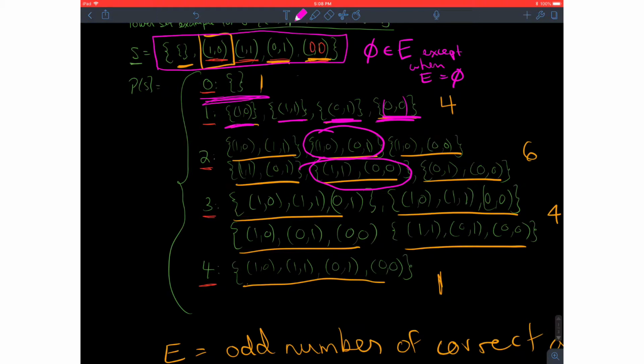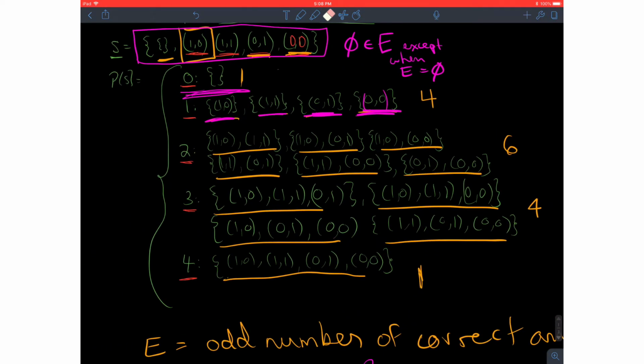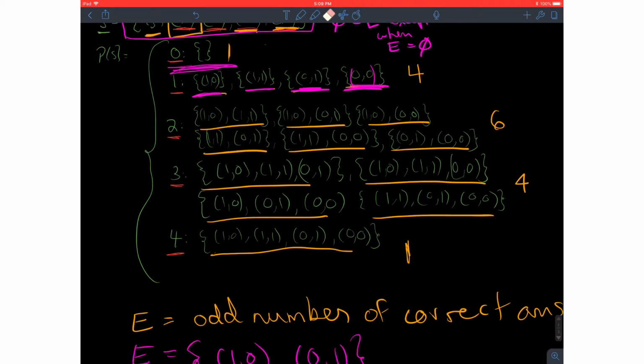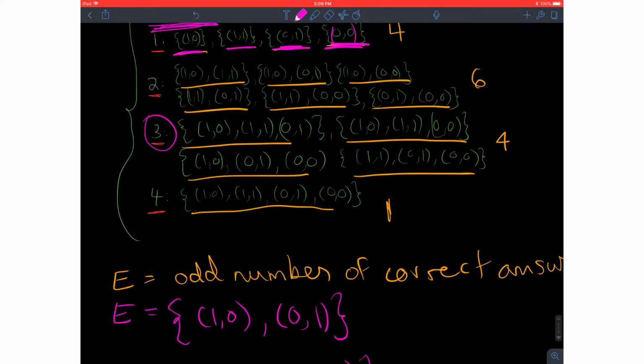Then you could look at the ones that have 2 elements in them. You've enumerated all the possibilities where there are 2, and there are 6 such possibilities. Here we have the ones with 3, and there are 4 possibilities that have 3 elements in them.